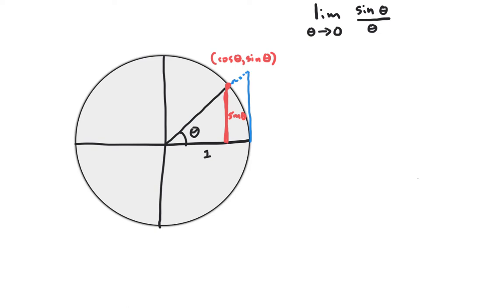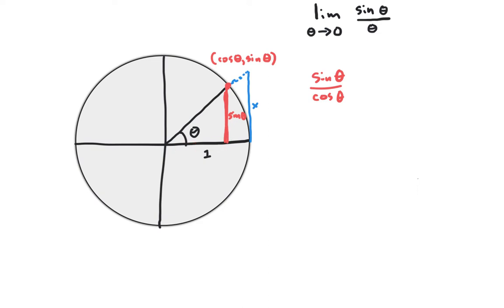Or we could use similar triangles. We know that this triangle with the red side and this triangle with the blue side are similar. So the ratios of the corresponding sides must equal. So we could say, let's call this side here x as our unknown. So the red triangle is going to be sine of theta over cosine theta. So that is the height and the base.